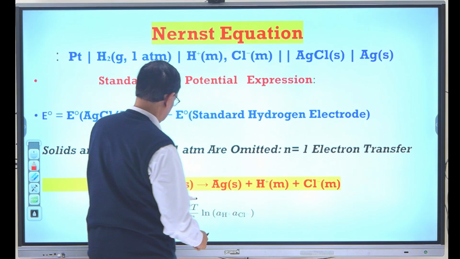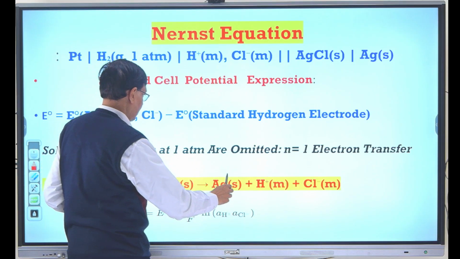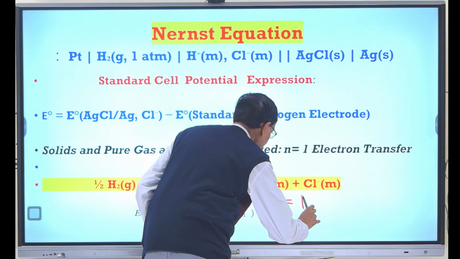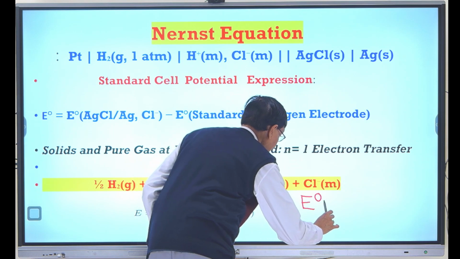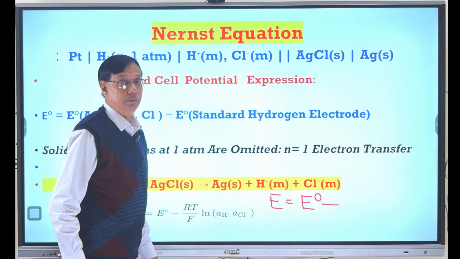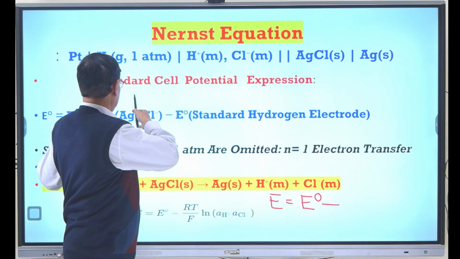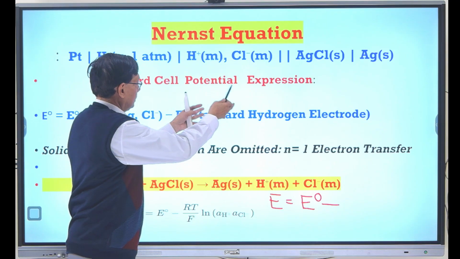See here, if I write this, I must write E is equal to E0, which is very important. How I determine the E0, I'll tell you. That is the standard EMF between the reduced part and the oxidized part.